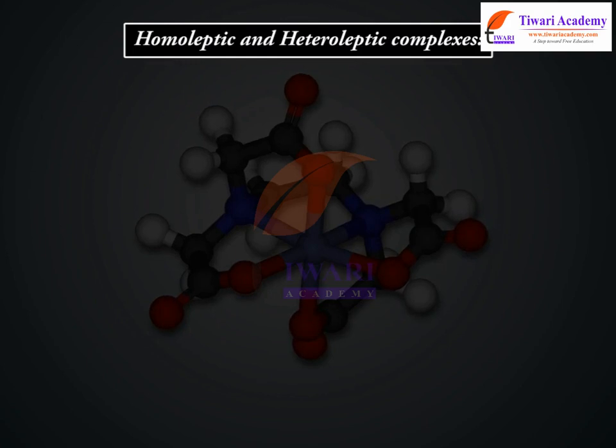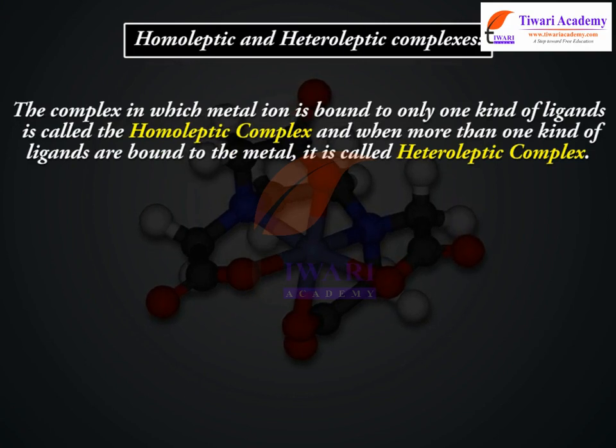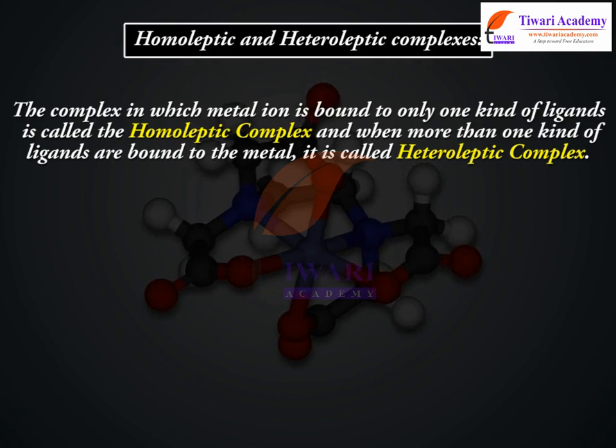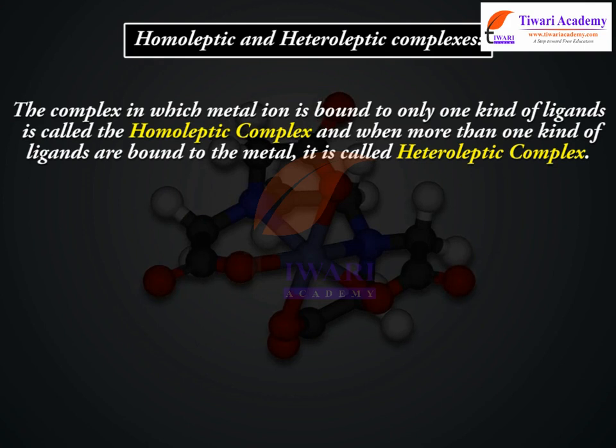Homoleptic and heteroleptic complexes. The complex in which metal ion is bound to only one kind of ligands is called the homoleptic complex, and when more than one kind of ligands are bound to the metal, it is called heteroleptic complex.